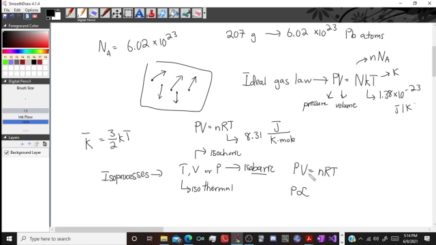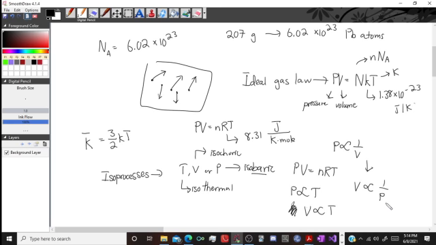For an isochoric process, since these two are constant in a container, P is proportional to T. For an isobaric process, V is proportional to T, and for an isothermal process, P is inversely proportional to V. Or you can also write it as V is inversely proportional to P.